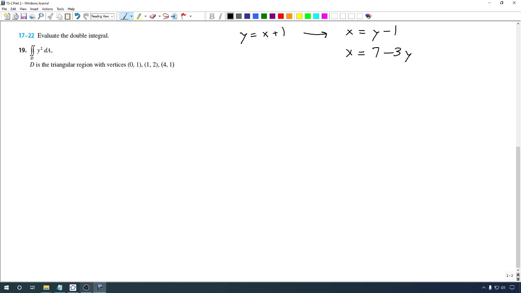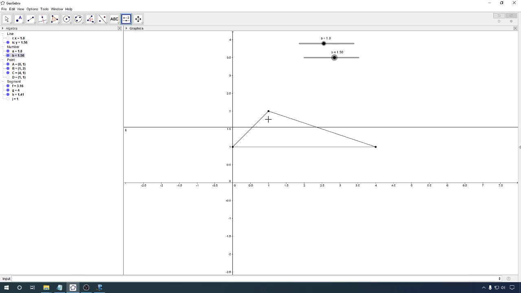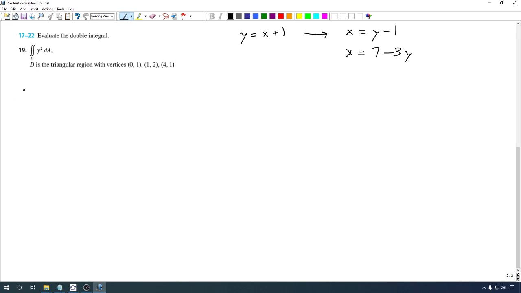Of course, we do need to determine what the limits of our y are going to be, but we've already done that. When I defined b, I noted that y is going from 1 to 2. So for this double integral over D of y squared, we're going to integrate y from 1 to 2, then integrate the x values from y minus 1, because that is the leftmost one, to 7 minus 3y, the rightmost.